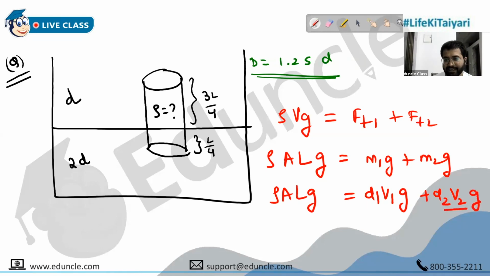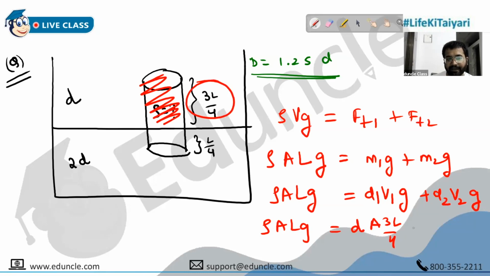Mass is density into volume. So rho ALg equals density of the first liquid, which is D, times volume, which is area into length, 3L by 4. Length of the first liquid displaced, people, is 3L by 4.